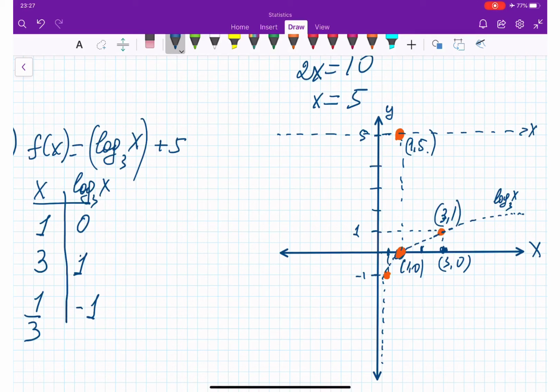Because y is going to change by 5. So 1 plus 5 is going to be 6. So 3 and I'm moving to 6. This is 5, this will be 6.